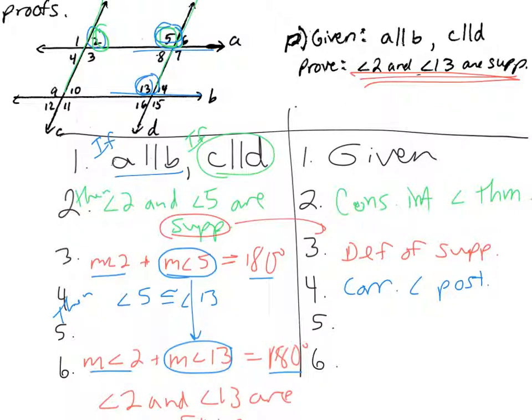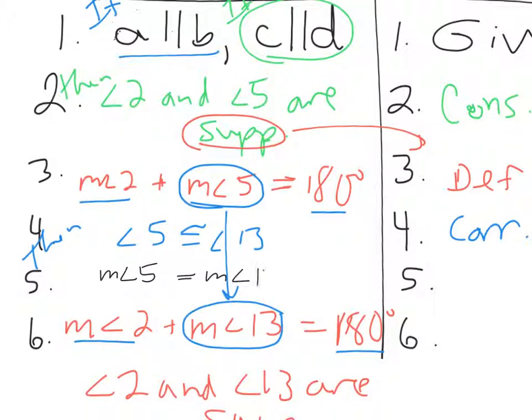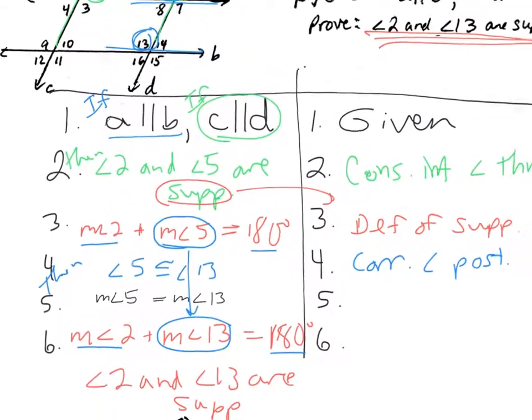Technically, this is one of those little minor details. I should state that the measure of angle 5 is equal to the measure of angle 13, because before I substitute, I should know that their measures are equal.